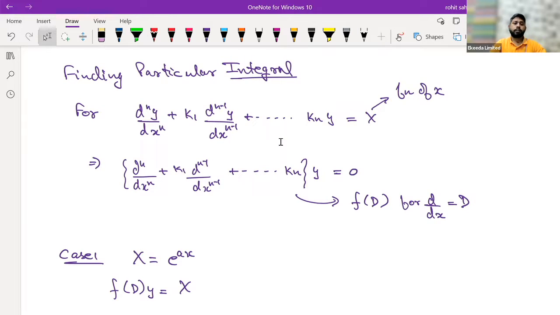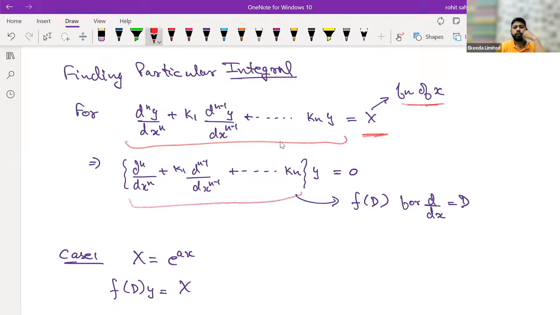This is the second way of finding the particular solution, the particular integral PI, which is generally for the non-homogeneous one. Here you can see that x is written. This is your x, which is a function of x, and everything we have already discussed. I said you call this f of d.